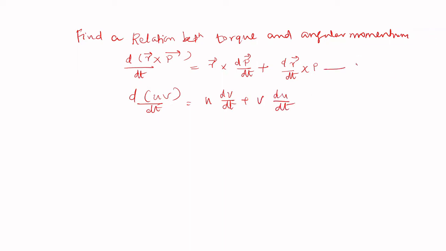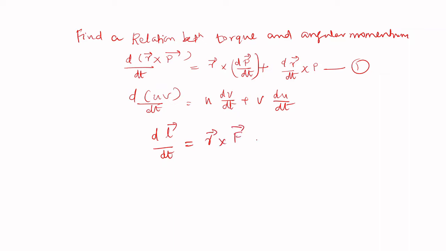So this is equation 1. What we have done is dL by dt, because L is R cross P. So dL by dt is equal to R cross dP by dt. What is dP by dt? From the second law, we know that the derivative of momentum with respect to time is nothing but the external force applied.